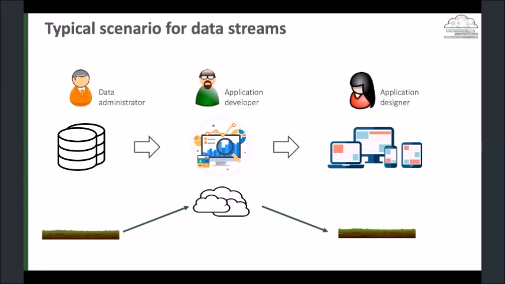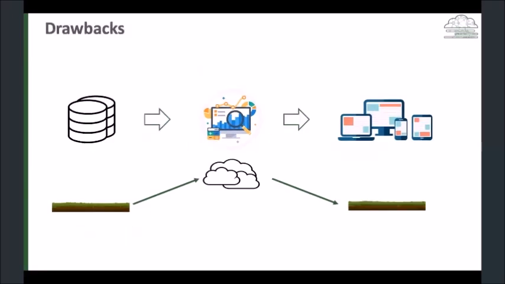This typical pattern has some drawbacks. Very quickly, first of all, we have at the edge a problem of capacity, which is limited to the amount of mass storage that can be managed by the edge devices. Secondly, we have the big problem of latency introduced by the network that connects the edge with the cloud.